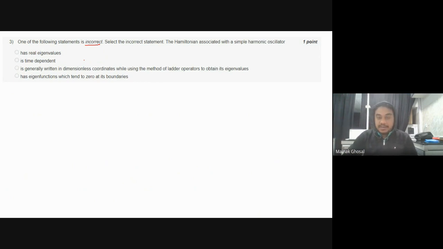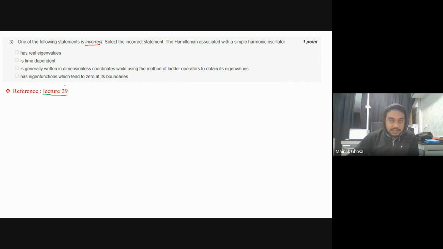The question is about the Hamiltonian associated with a simple harmonic oscillator. The problem is quite simple. You can find this answer also in lecture number 29. Here it is also discussed what the conditions on the Hamiltonian associated with a simple harmonic oscillator should be.